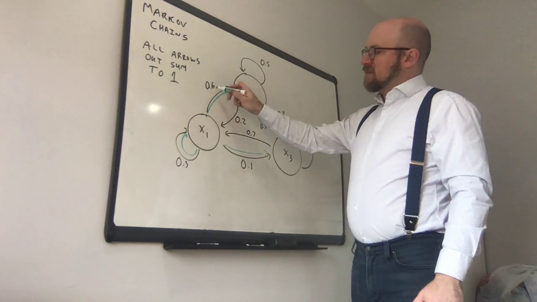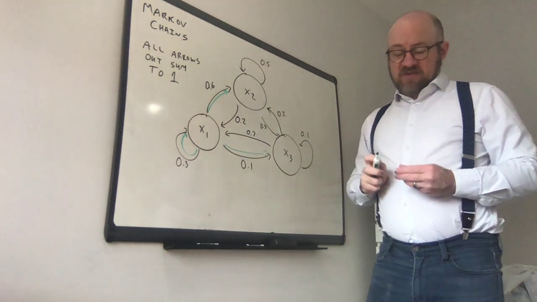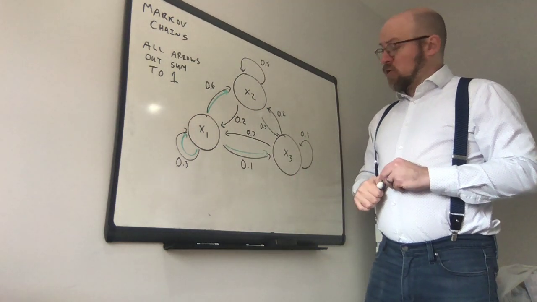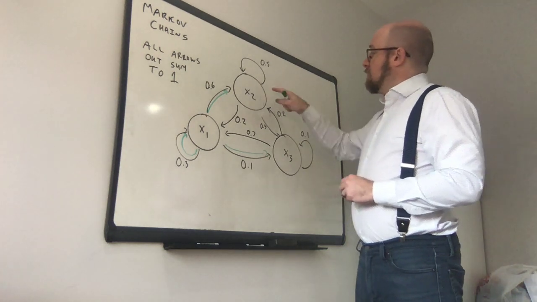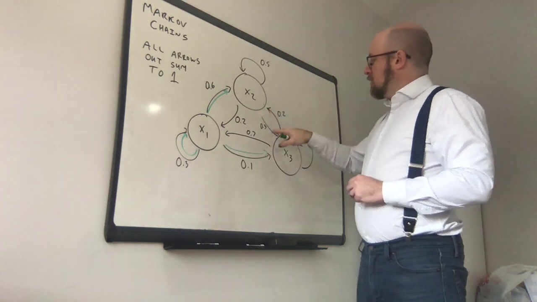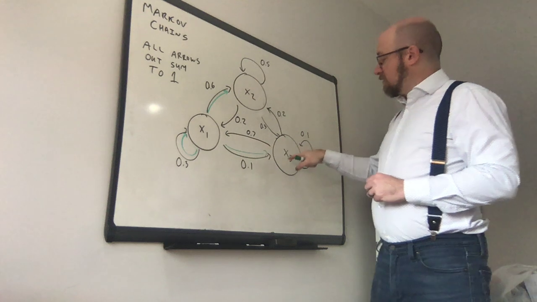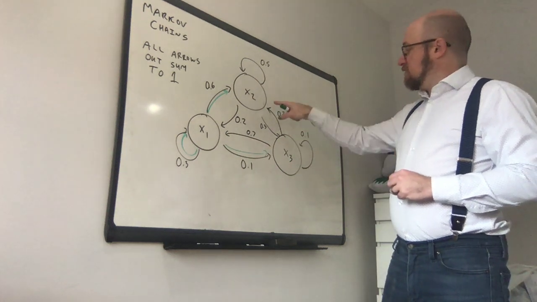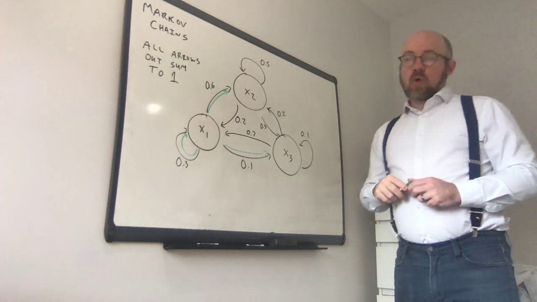And so 0.6, 0.3, and 0.1 are the weights on those arrows, and so 0.6 plus 0.1 plus 0.3 adds up to 1. Similarly, the arrows coming out of x sub 2, 0.5, 0.2, and 0.3 add up to 1. The arrows coming out of x sub 3, 0.2, 0.1, and 0.7 add up to 1.